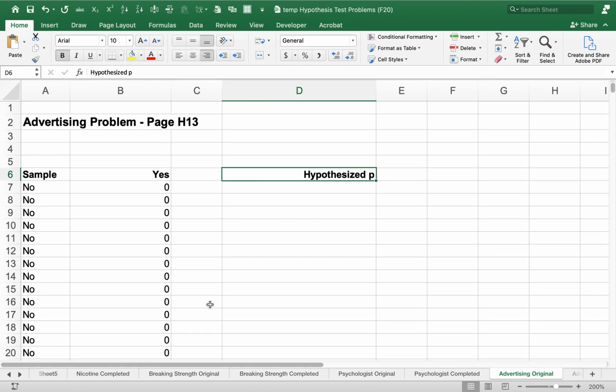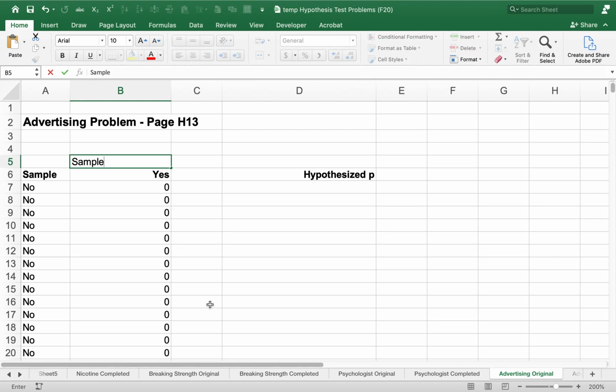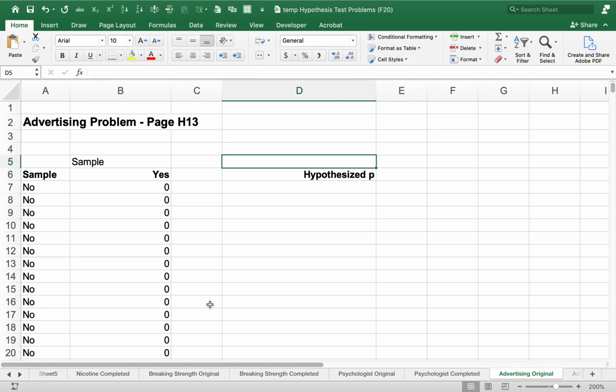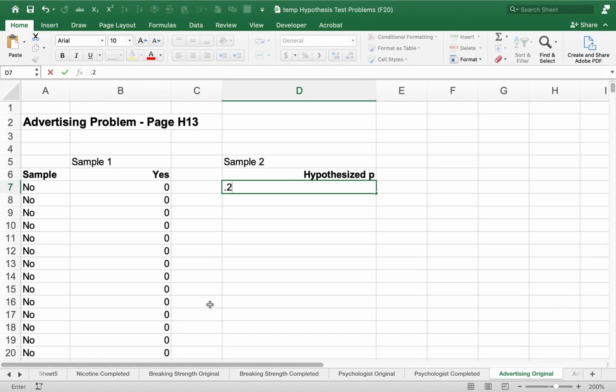Now what we do is we come over here, and we're going to set up our dummy second sample. So this is our new sample. We'll call that sample 1, I guess, right? Thinking back to our original formula for a two-sided test, or a two-sample test. And then what we do is we put in here the hypothesized proportion.